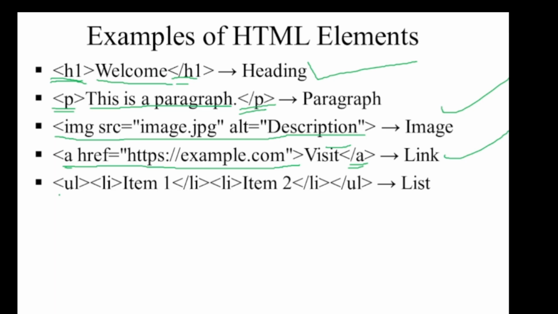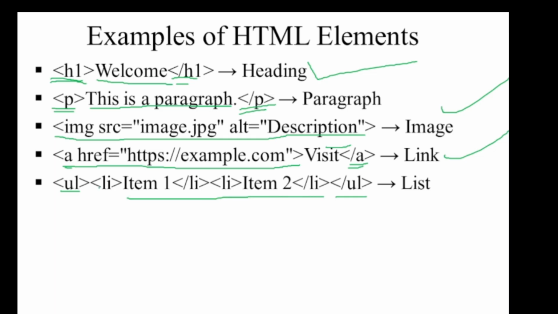The other, if you are using different list item, there are two types, ordered and unordered list. This one is unordered list. Look, this is the opening tag. This is the closed tag. Between here we have different contents.